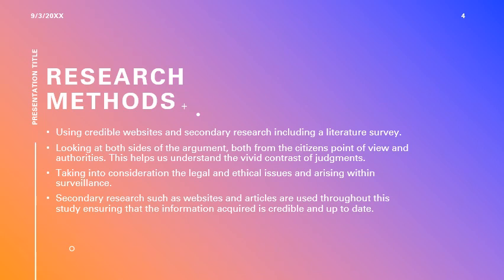Looking at both sides of the arguments, both from the citizen's point of view and the authority's point of view, how it could be benefiting authorities and citizens or how it could be detrimental to people's human rights, invading privacy, for example. Secondary research was used, such as websites, articles, ensuring that the information that I had acquired was credible and up to date.